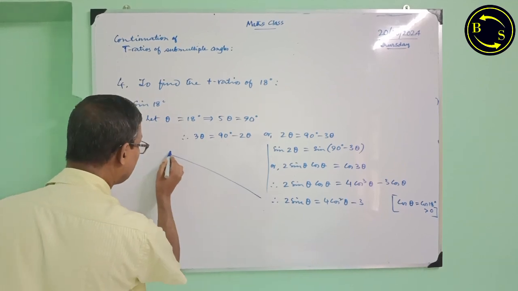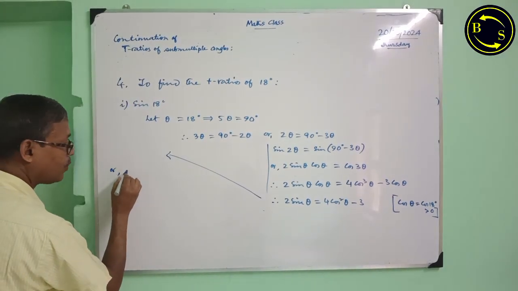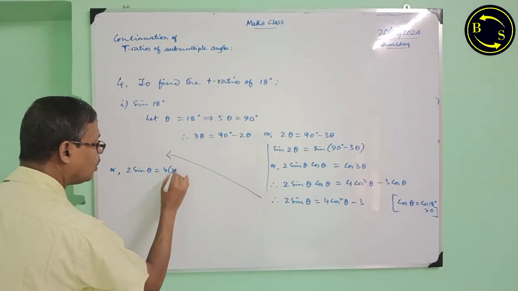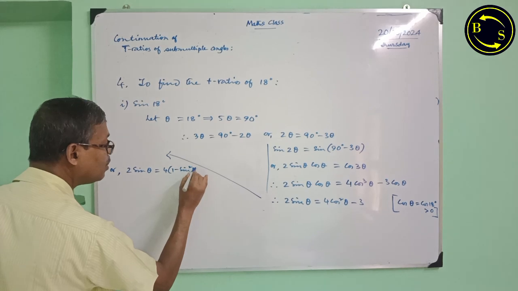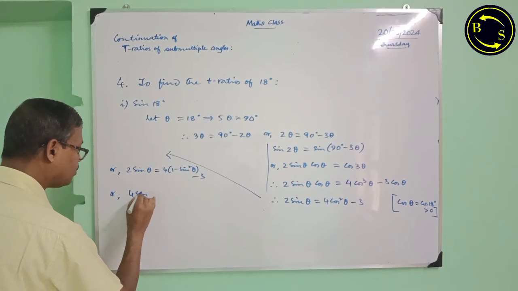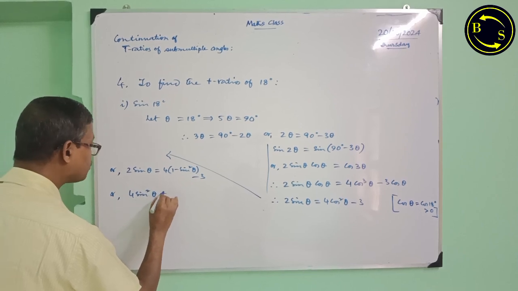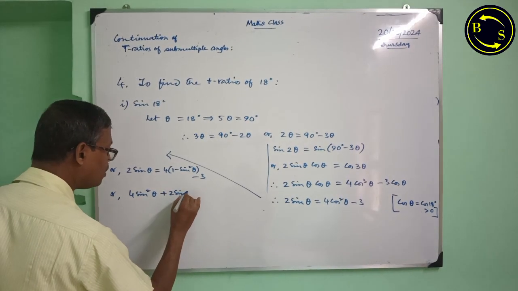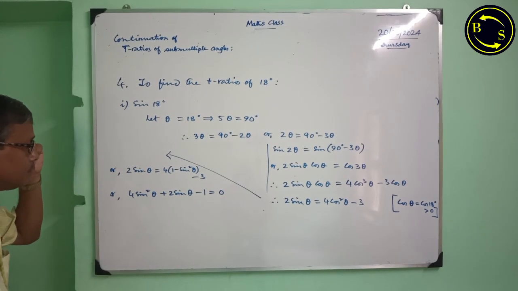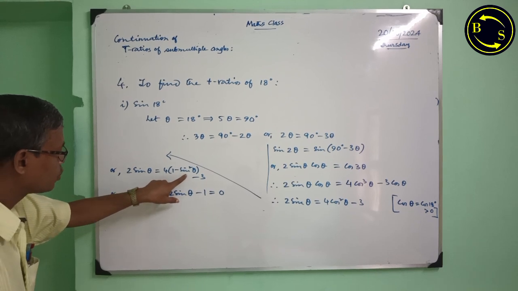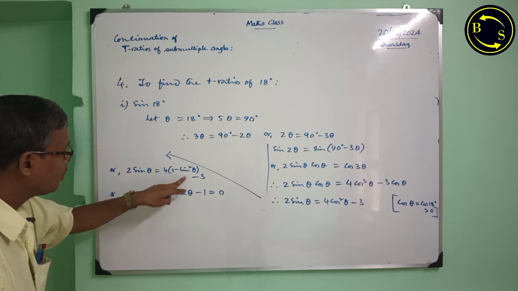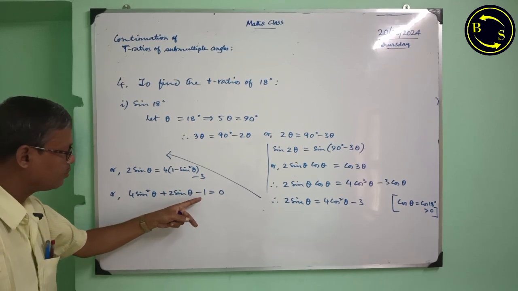Now, 2 sine theta is equal to 4 times 1 minus sine square theta minus 3, or 4 sine square theta plus 2 sine theta minus 1 equal to 0. 4 sine square theta is taken on the left, plus 2 sine theta. 4 minus 3, 1, on the left side it is taken, that is why minus 1.